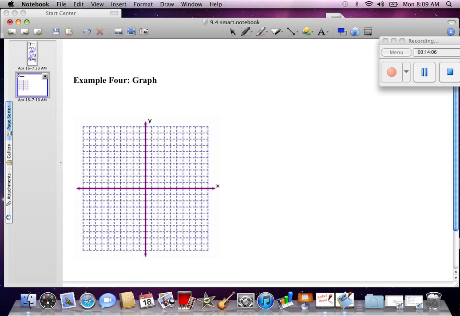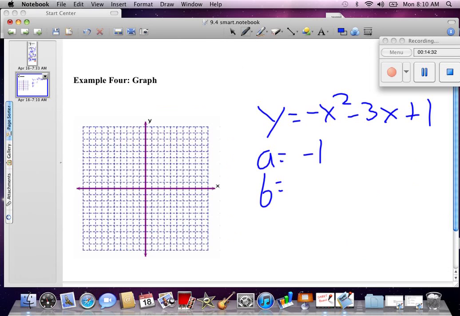Okay, I've got y equals negative x squared minus 3x plus 1. So let's start with labeling them. Lauren, what is A for example 4? Okay, so what number would be in front of x squared? What kind of one? Negative 1.